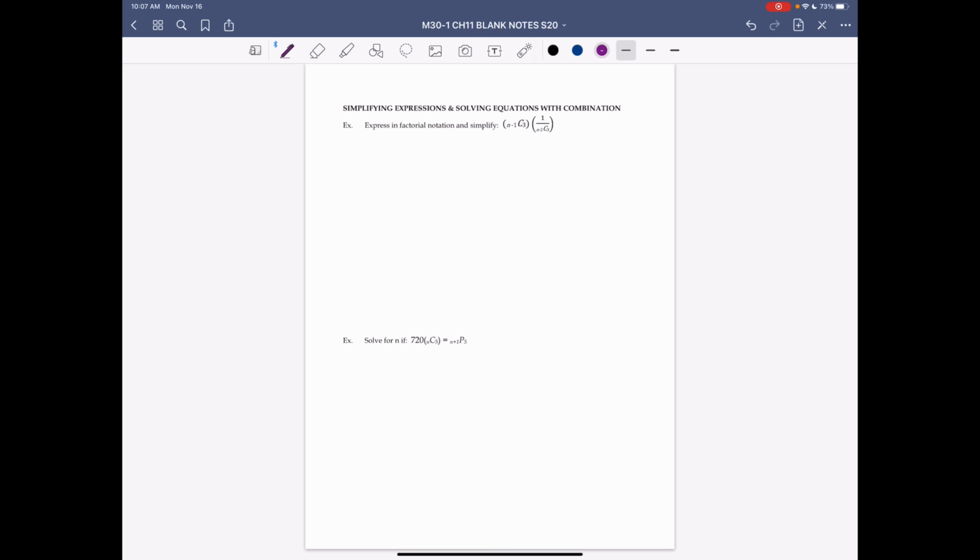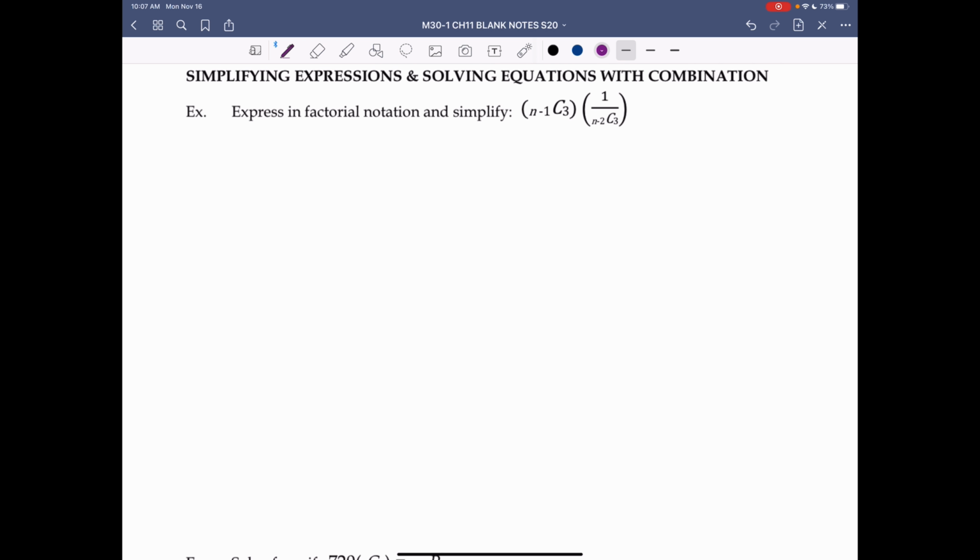Simplifying expressions and solving equations with combinations. Example, express in factorial notation and simplify: n minus 1 C3 times 1 over n minus 2 C3. Start with the formula for a combination. nCr equals n factorial over n minus r factorial times r factorial.